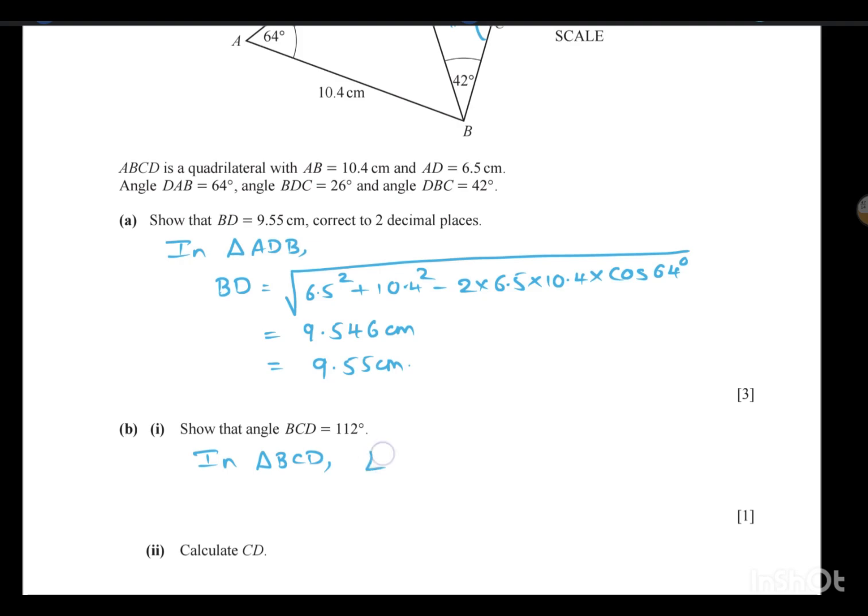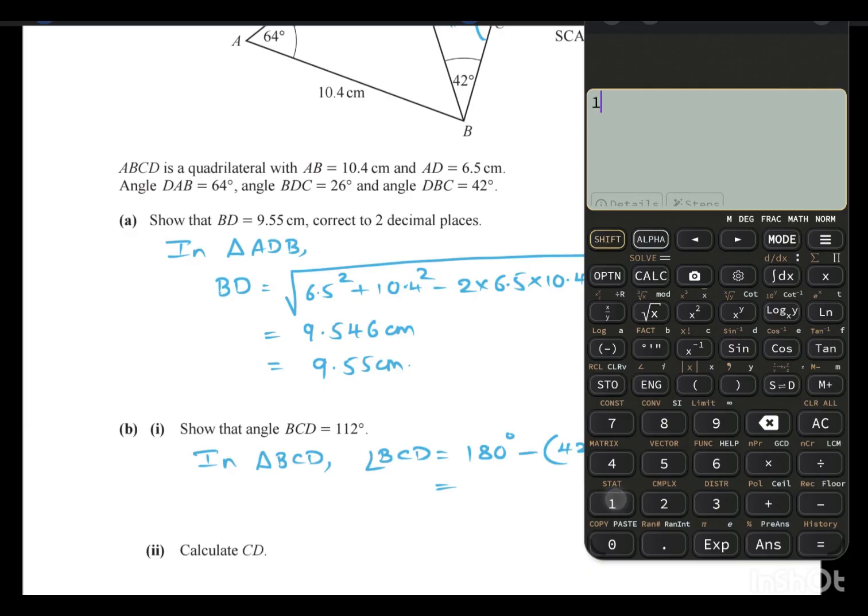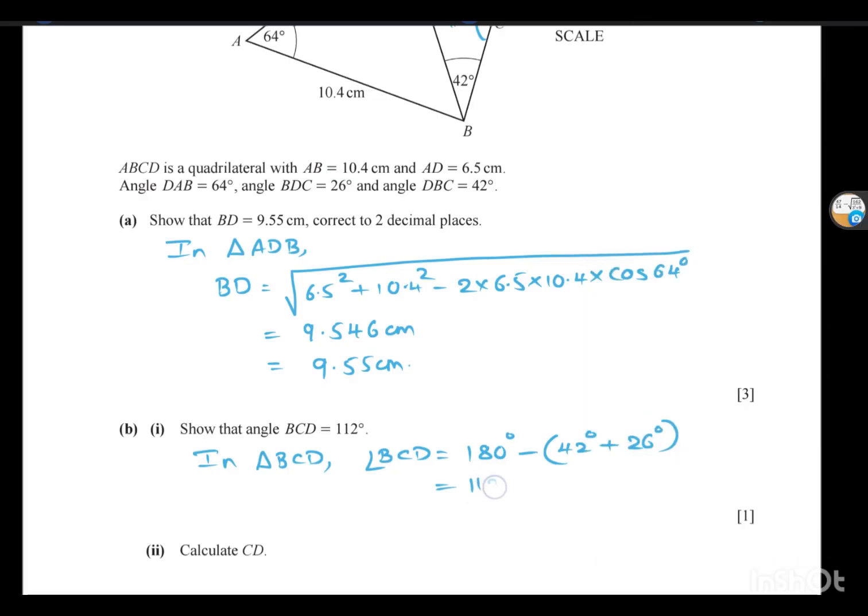Angle BCD will be 180, since the sum of all the three angles is 180. From that, if I subtract the other two angles which are given, we get the angle BCD. 180 minus 42 plus 26 is 112. So yes, we got angle BCD as 112 degrees. Question number 1 in B is done.